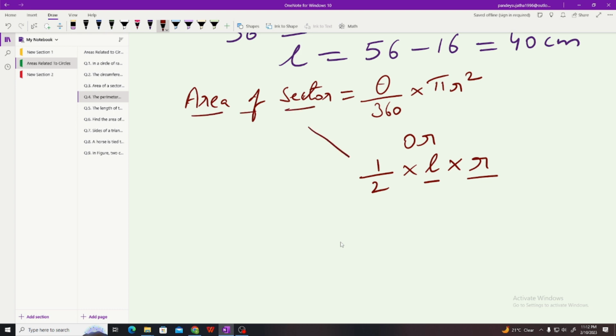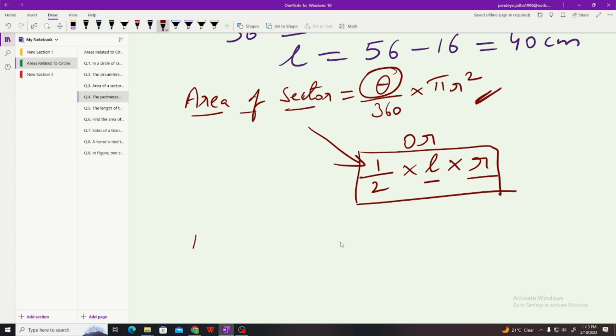So we are going to use this formula, half into L into R. We will not use this formula because we do not know what theta is. Hope this is clear to all.